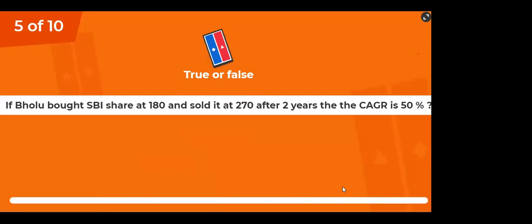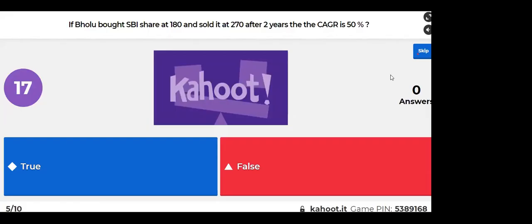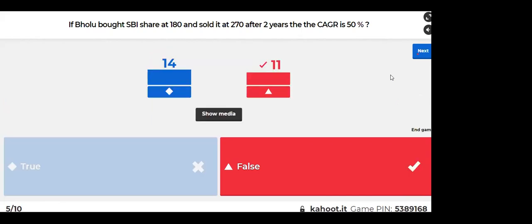If Bholu bought SBI shares at 180 and sold it at 270 after 2 years, then CAGR is 50%. True, false? False. No, it is false.